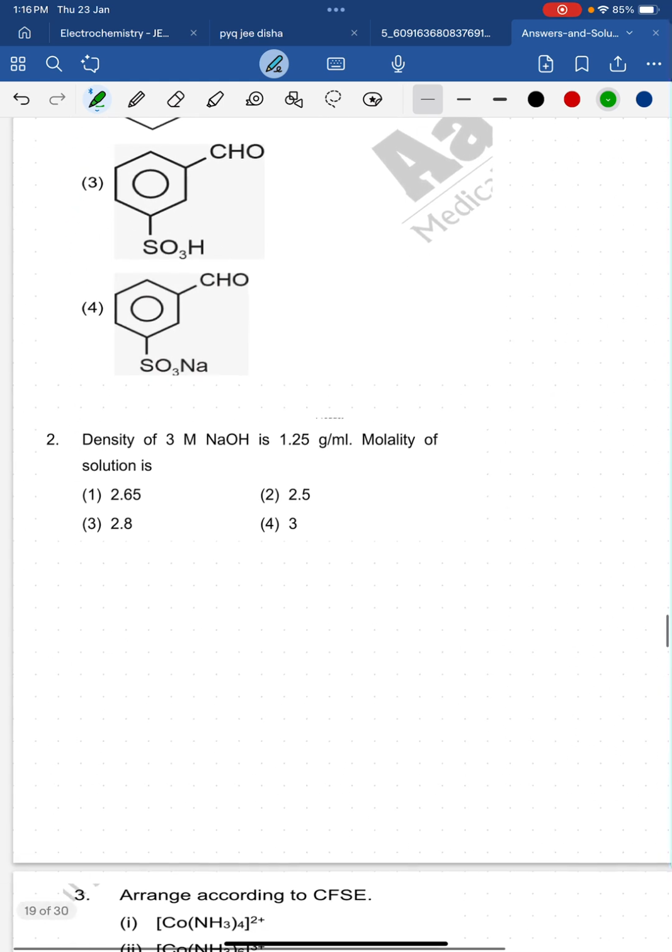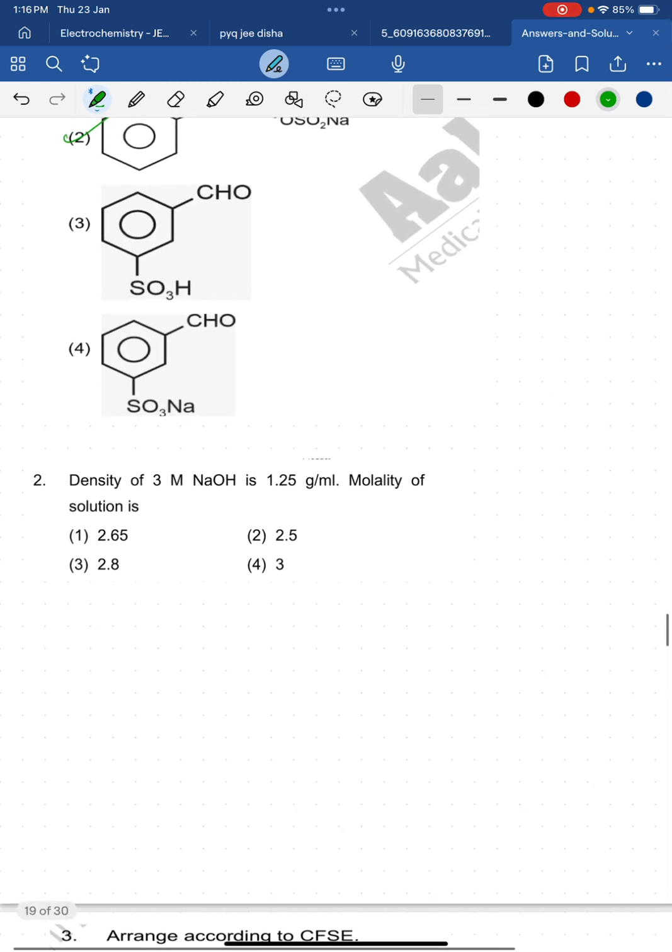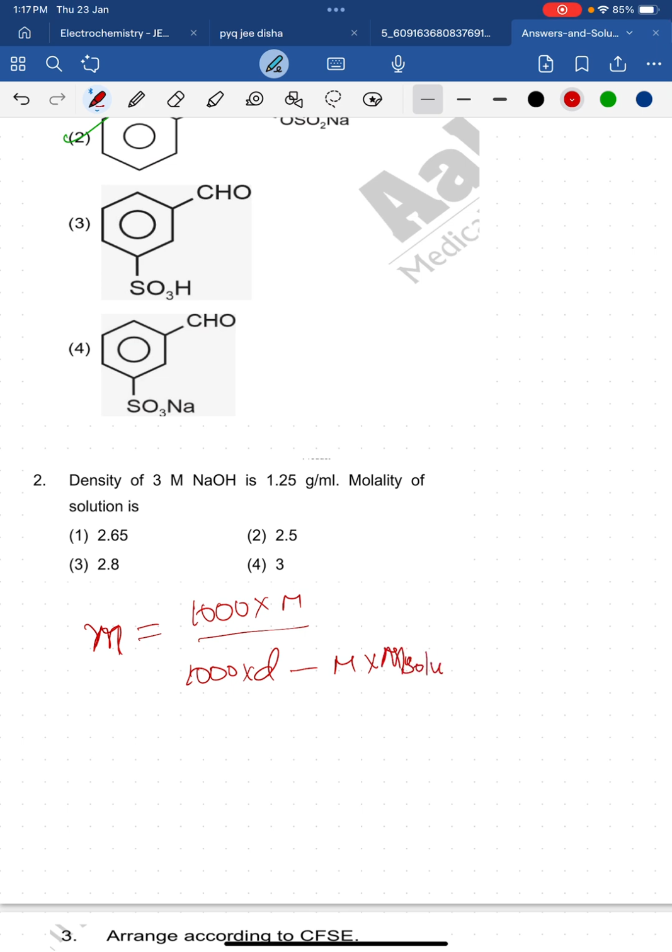Next. The density of 3M NaOH is 1.25 gram per ml. Find the molality of the solution. We have a direct formula also. Molality, small m, equals 1000 into molarity divided by 1000 into density minus molarity into M naught, where M naught is the molecular weight of the solute.